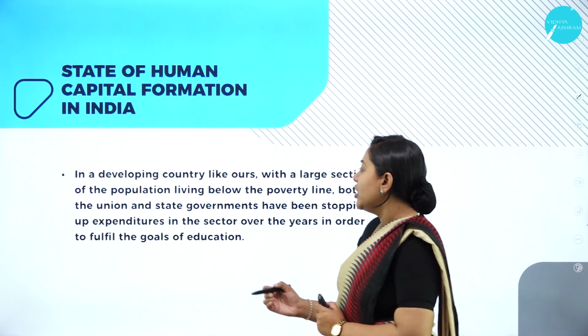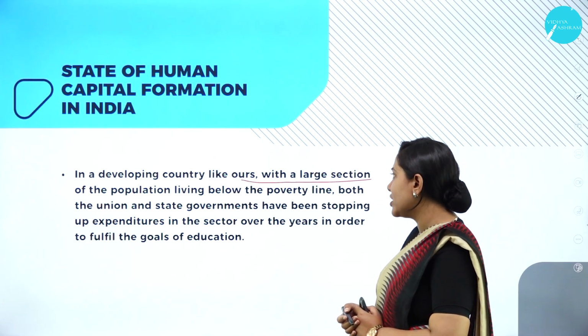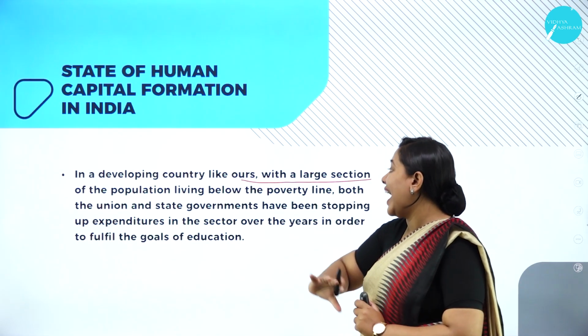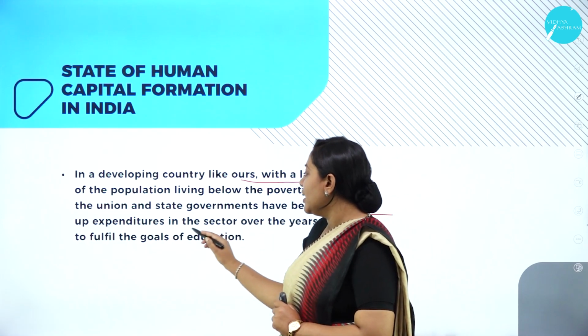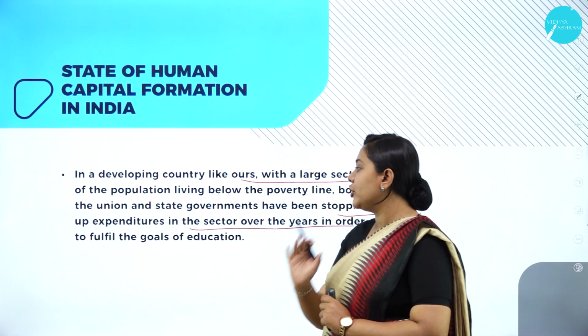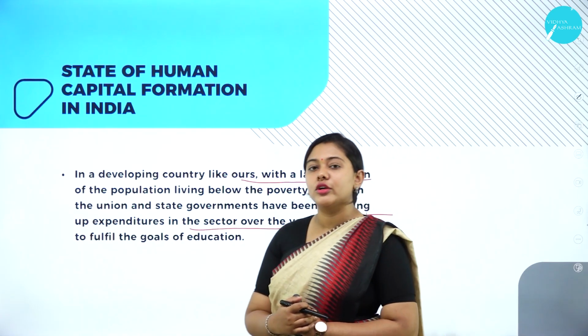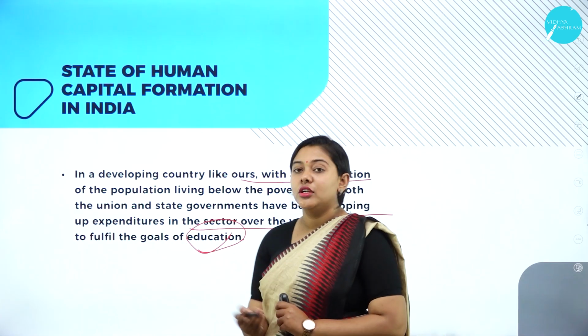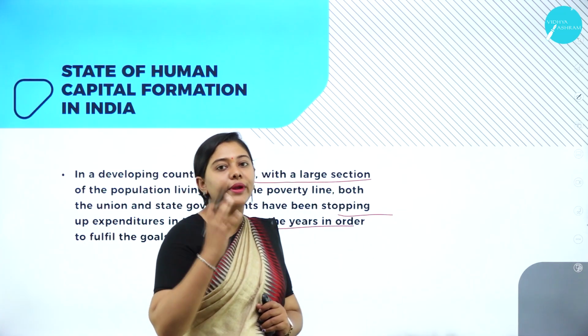Moving forward, in a developing country like ours, with a large section below the poverty line, both the union and the state governments have been stepping up the expenditure in the sector over the past few years in order to fulfill the goal of education. So we have a right to education. Beti Padhao, Beti Bachao.